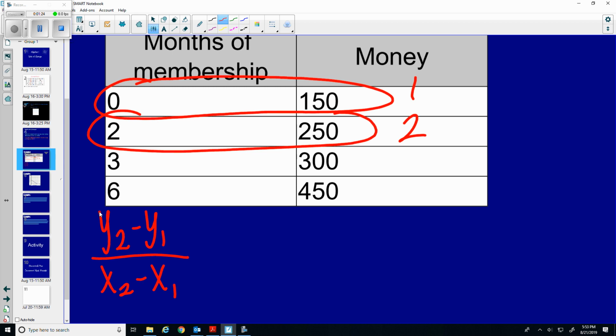Even if it's not labeled up here, x and y always go in alphabetical order, so x will always be on the left, y will always be on the right. Now we can fill in our formula.